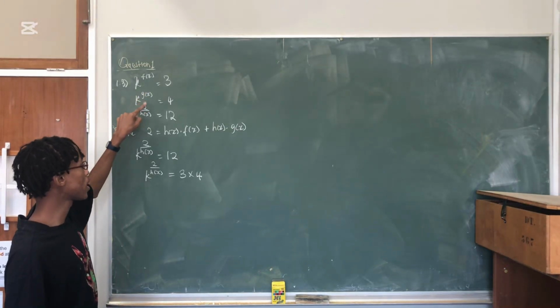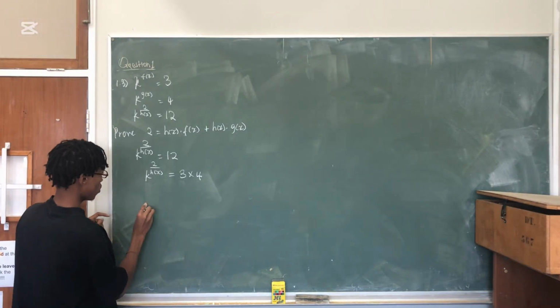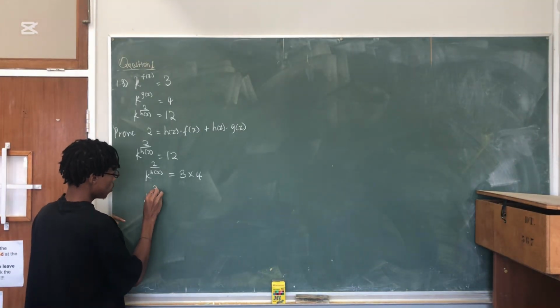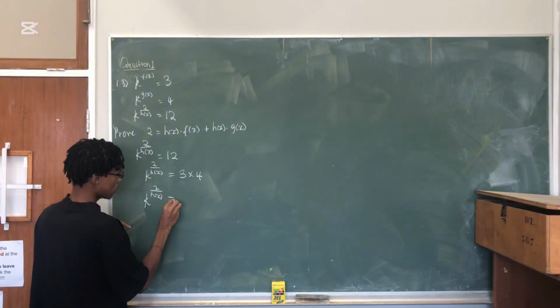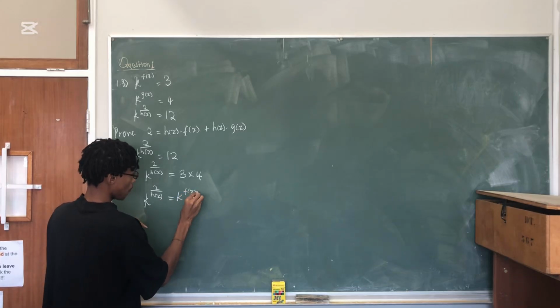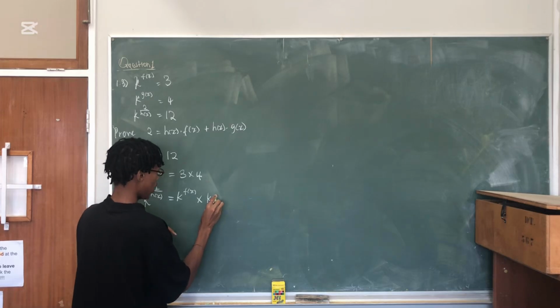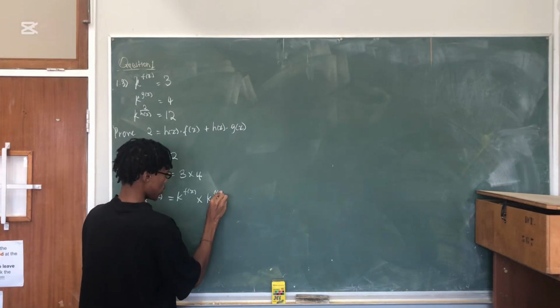So we can rewrite them in place of 3 and 4. So we have k to the power 2 over h of x is equal to k to the power f of x multiplied by k to the power g of x.